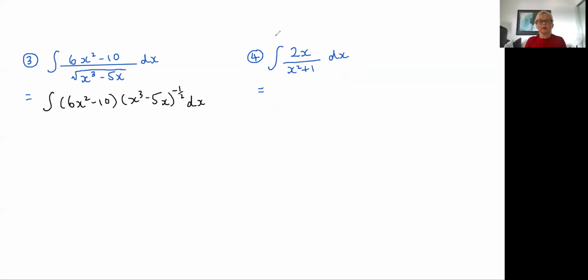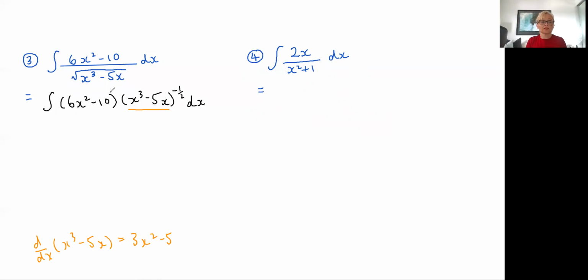All right, let's think about this one. What's the derivative of x cubed minus 5x? Let's write it down here. So the derivative of x cubed minus 5x is 3x squared minus 5, isn't it?